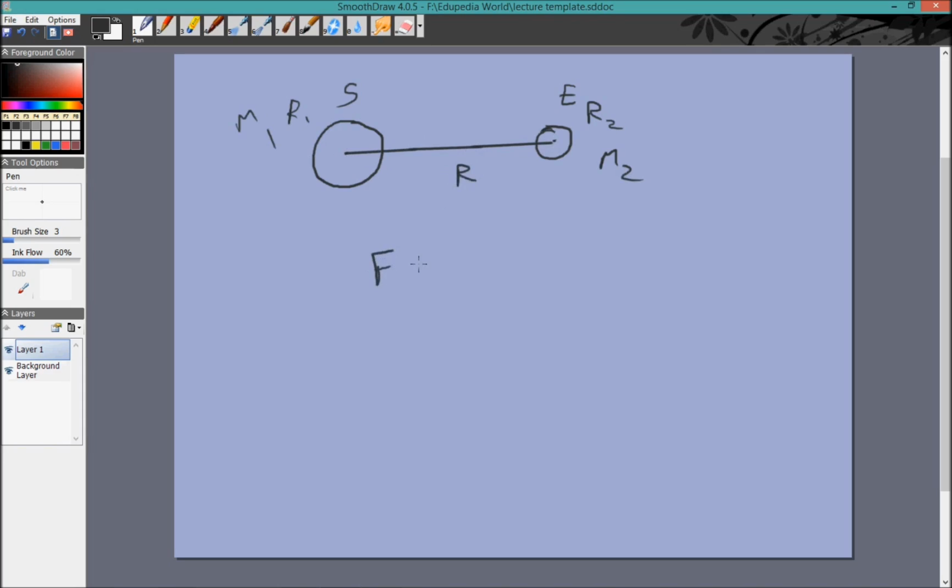Then the force exerted by them on each other will be G m1 m2 by r square, which is the same as the force experienced by a particle of mass m1 and a particle of mass m2 at a distance r away from each other. r1 and r2 do not even matter, right?